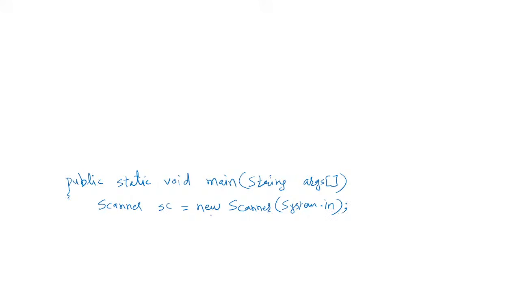Once you get this, you require an integer variable n to read, no? So int n is equal to sc.nextInt. So you will get the integer value, and the next two lines contain two strings, no? So directly you can read string a.